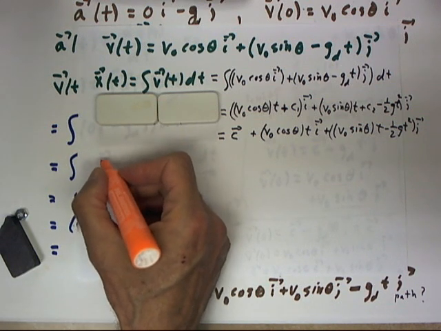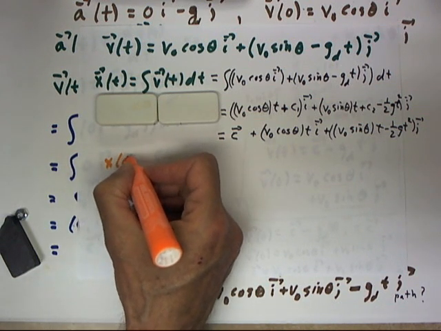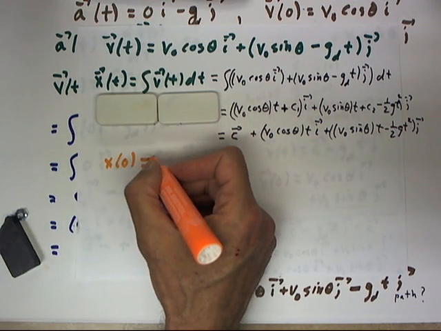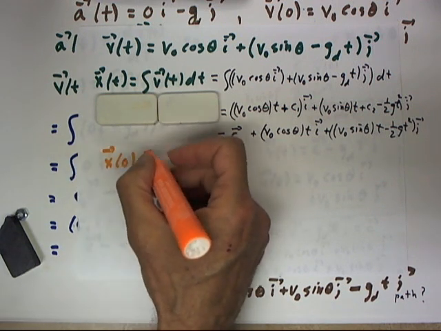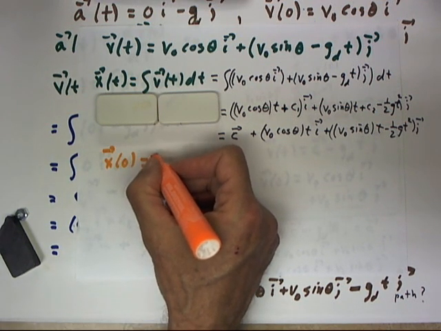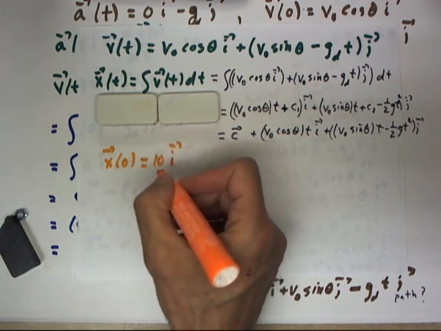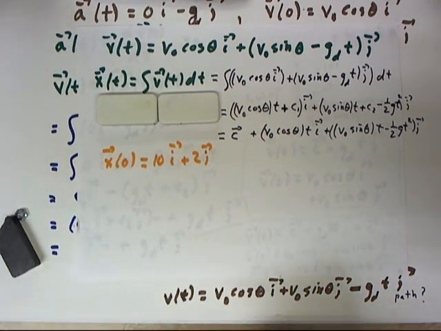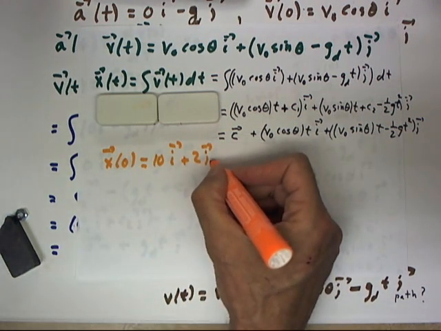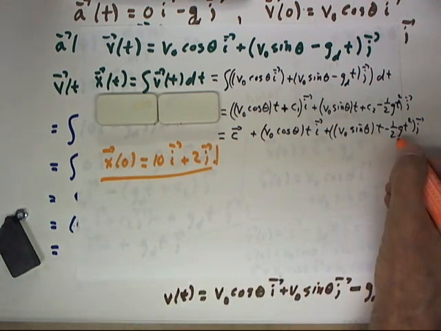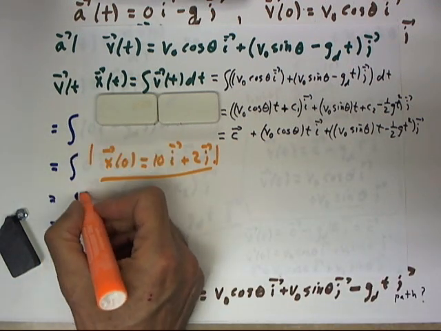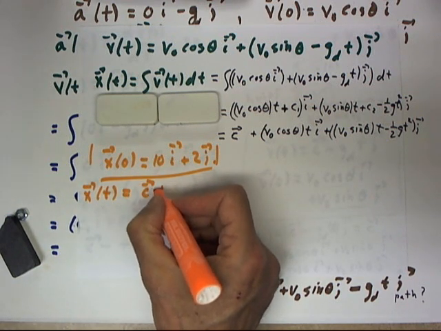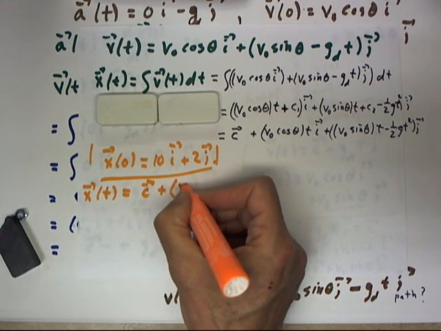Now let's impose the condition on x of 0. We can let x of 0 be anything. Let's let our position x of 0 be 10i plus 2j. Now x of t is just the function we've written out here.